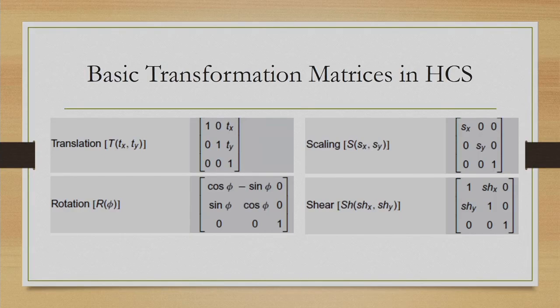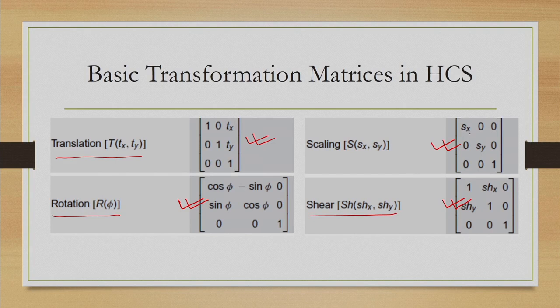Now, let us see how the basic transformations are represented using homogeneous coordinate matrices. Translation we can represent using this matrix, rotation we can represent using this matrix where phi is the angle of rotation, scaling can be represented using this matrix, and finally shear can be represented using this matrix.